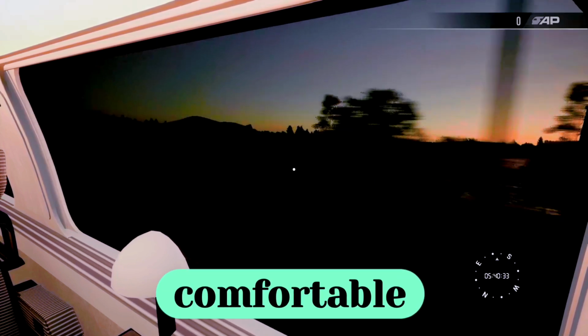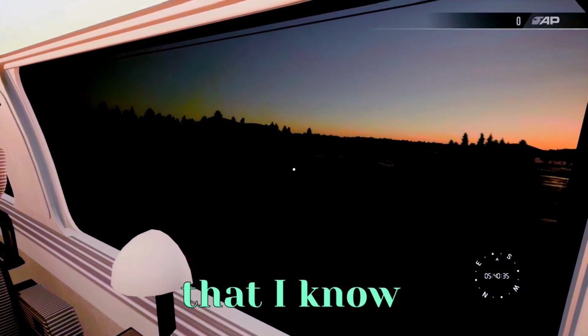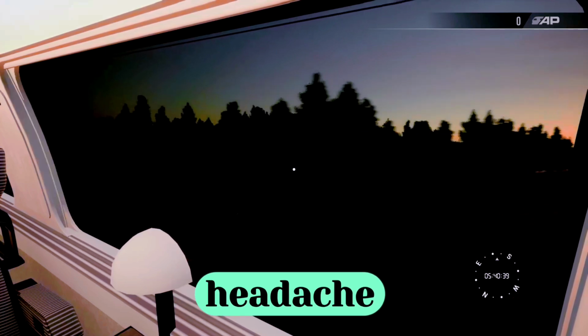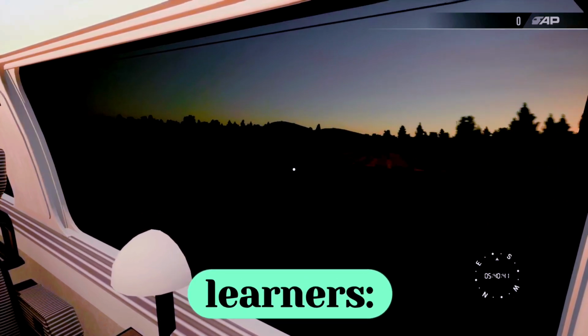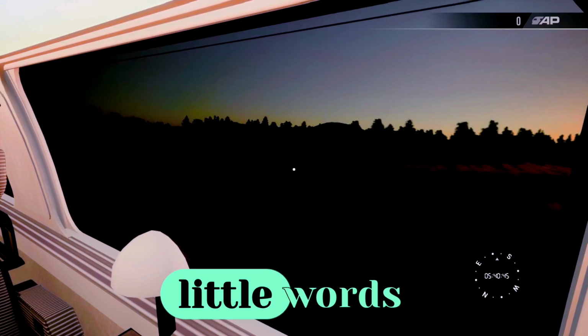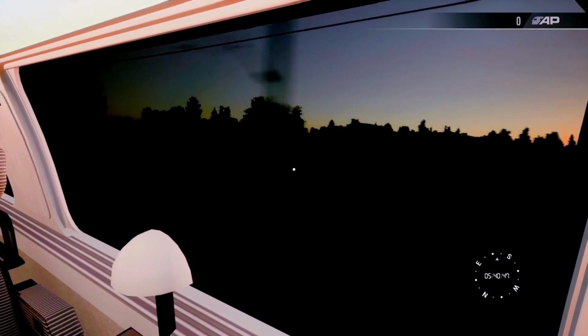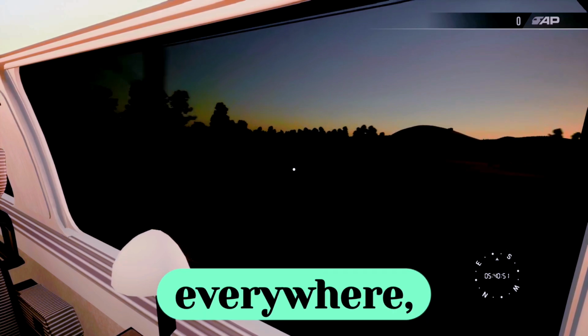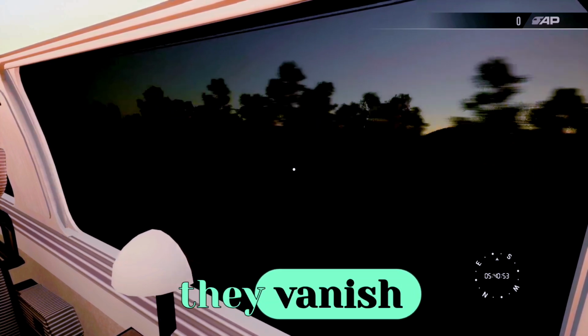Let's get comfortable and talk about something that I know can feel like a small but persistent headache for so many English learners: the articles. Those tiny little words, a, an, and the, seem to pop up everywhere, and sometimes they vanish completely.